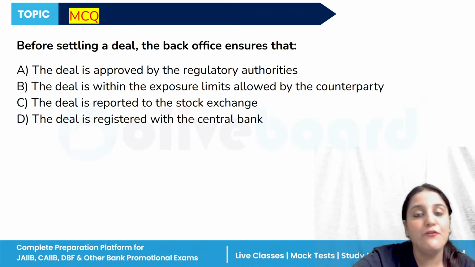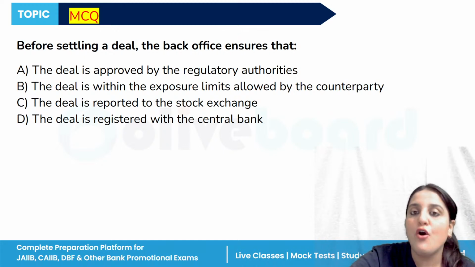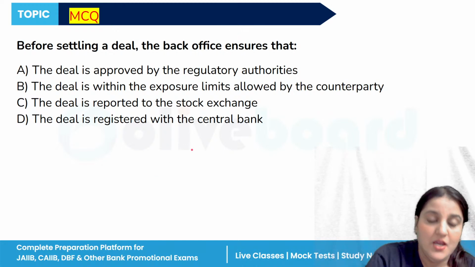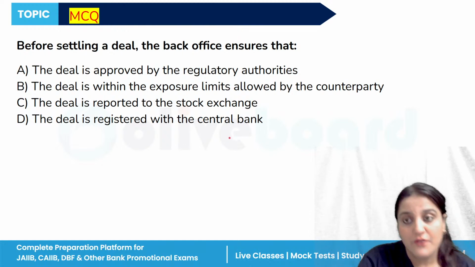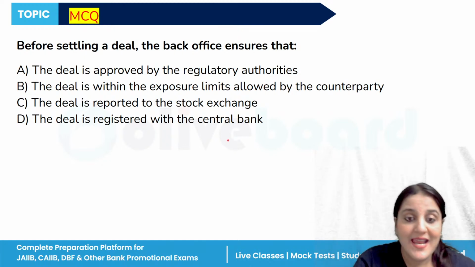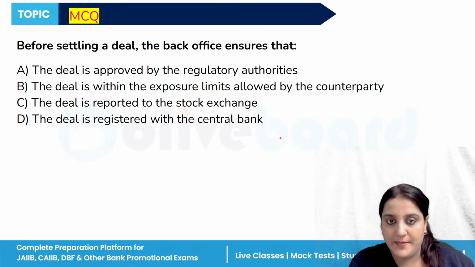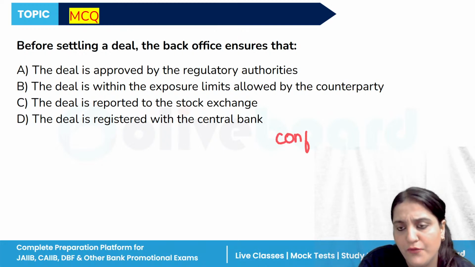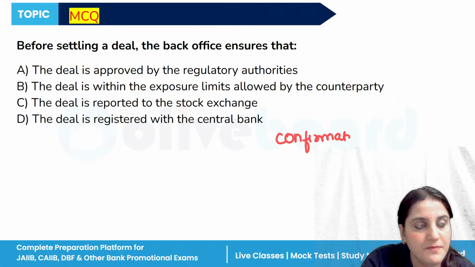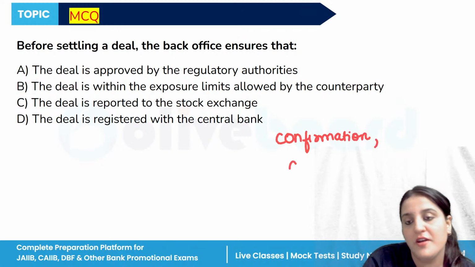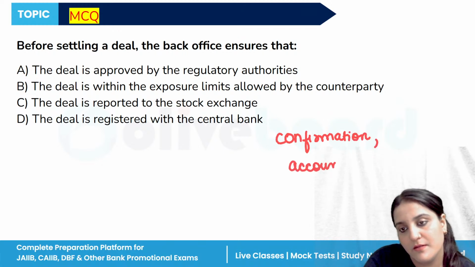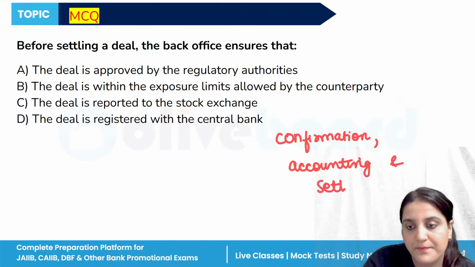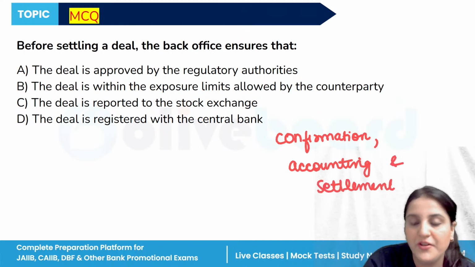Okay. Before settling a deal, the back office ensures that whatever the deal is, it is within the exposure limit allowed by the counterparty. The back office is responsible for confirmation, for accounting, and for settlement of the deals.